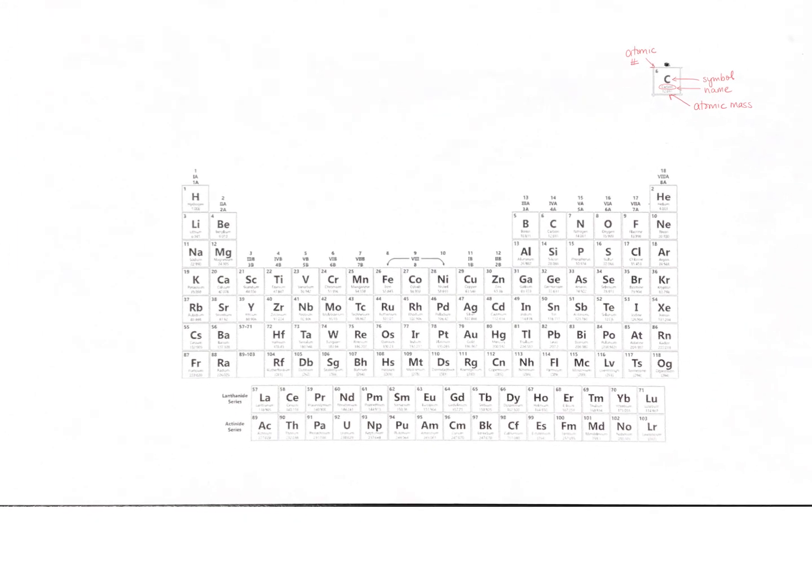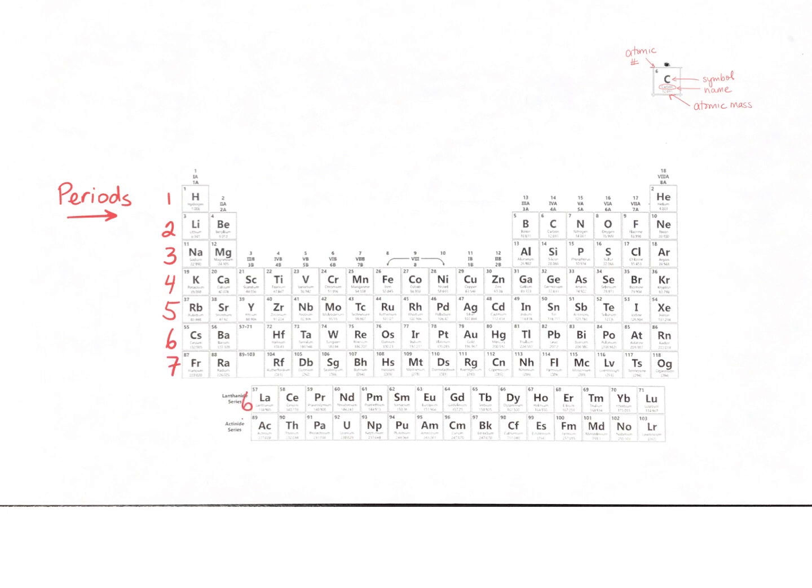Okay, now there are 7 rows, which we said these rows are called periods. So I'll draw an arrow. This is period 1. Period 1 includes hydrogen and helium, H and He. And then period 2 includes the elements from Li all the way across to Ne. And so on. Period 3, period 4, 5, 6, and 7.